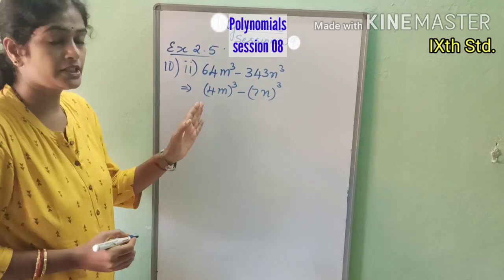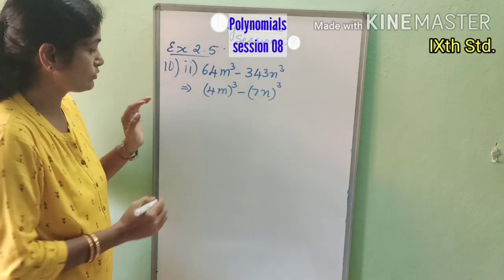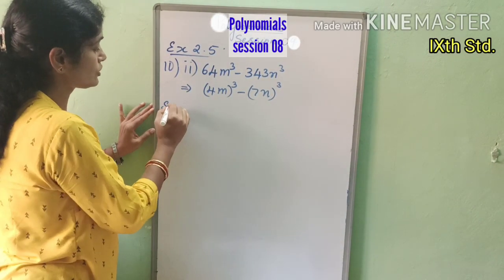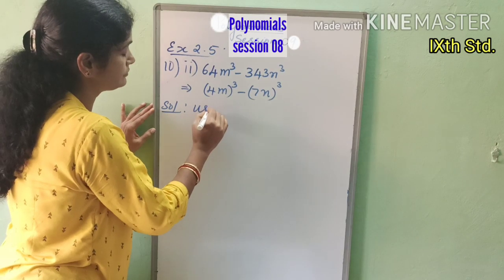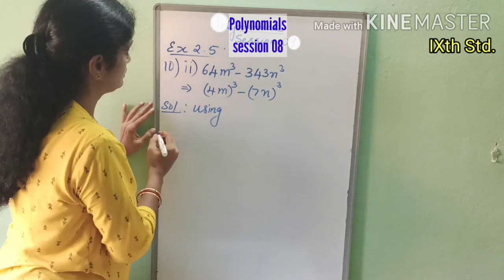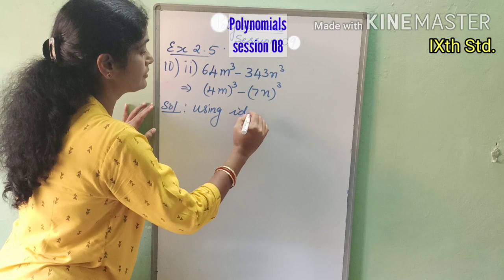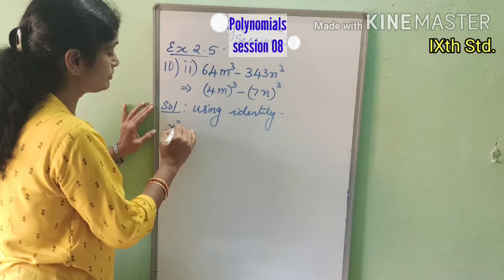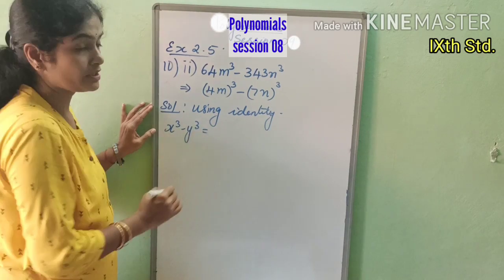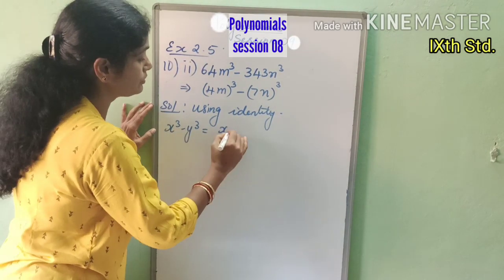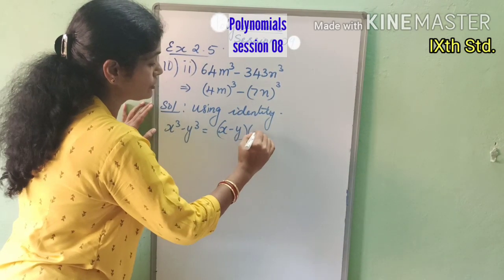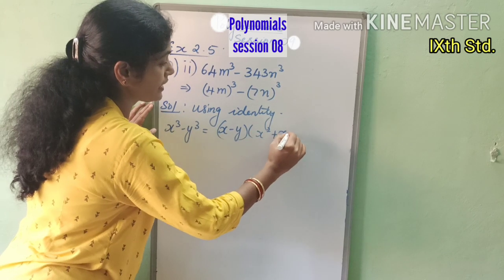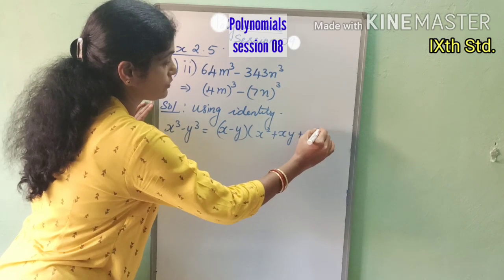So which identity can you use? x cube minus y cube. So the solution using identity x cube minus y cube. What is x cube minus y cube equal to? x minus y into x square plus xy plus y square.